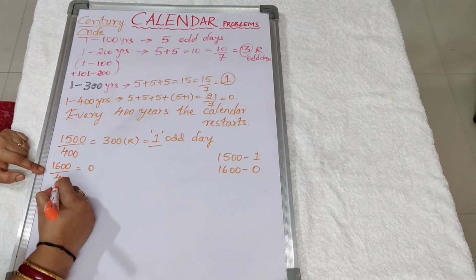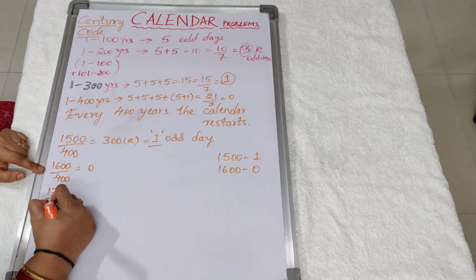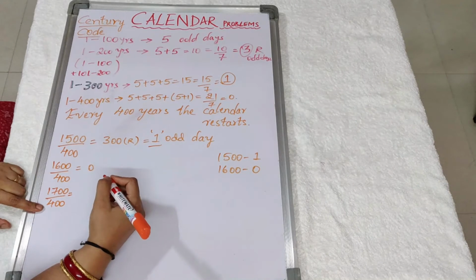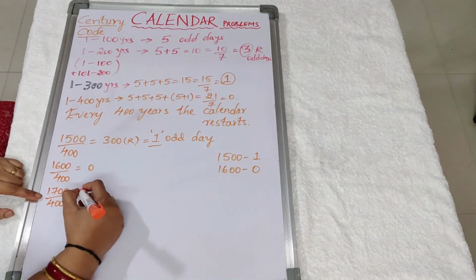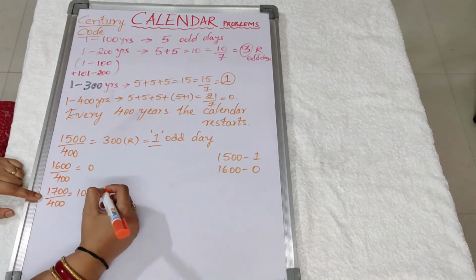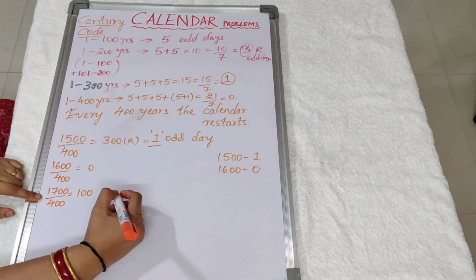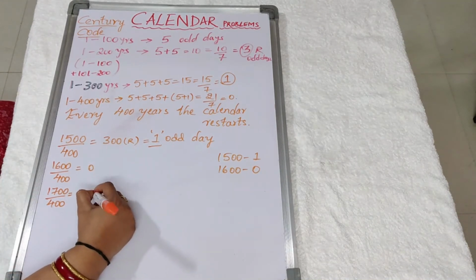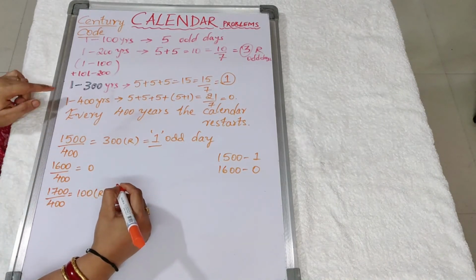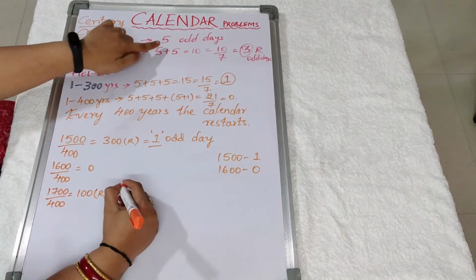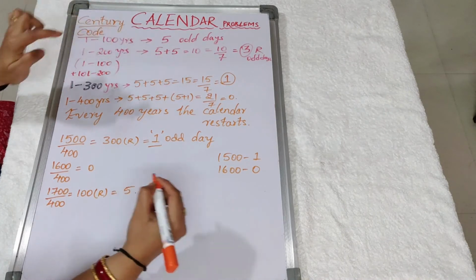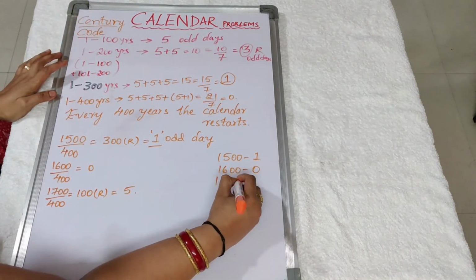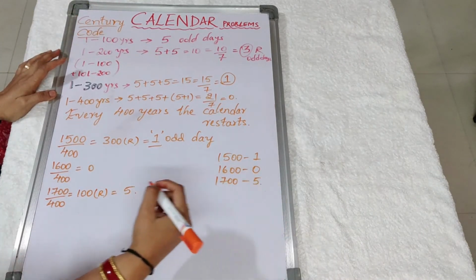Now let us go for 1700. So 4 4s are 16, and 100 is left out for 1700. Am I right? So the remainder is 100, and for 100 years it is 5. So for 1700, the code is 5.